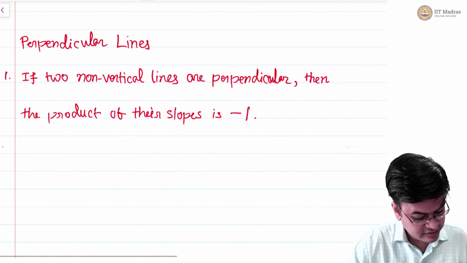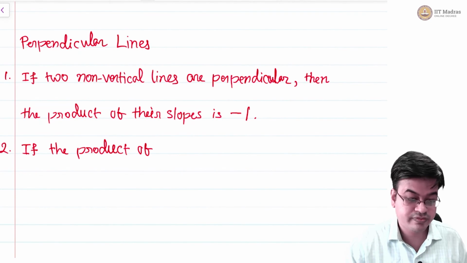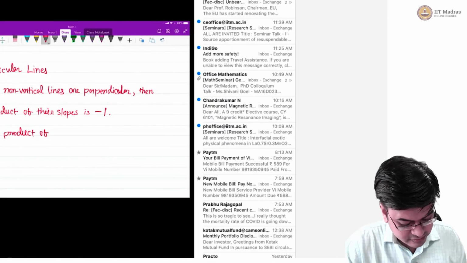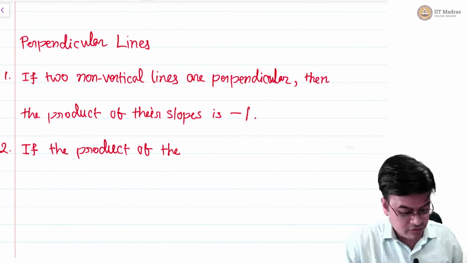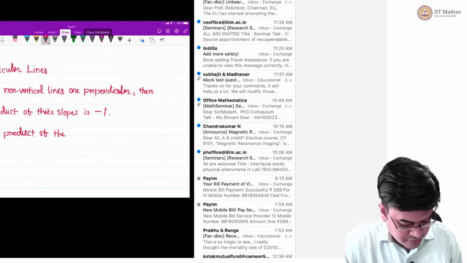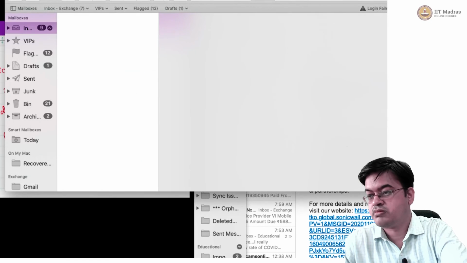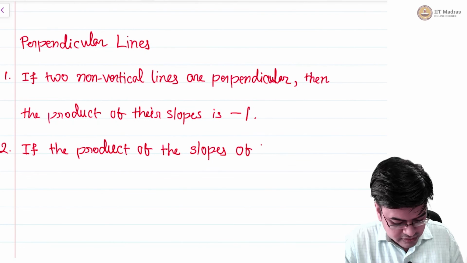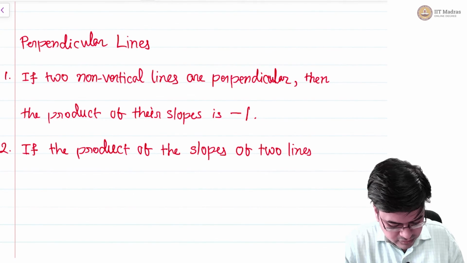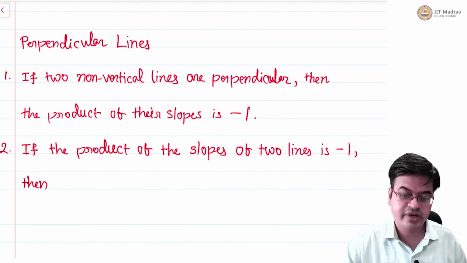In a similar fashion, you can write, if the product of the slopes of two lines is minus 1, then the lines better be perpendicular.